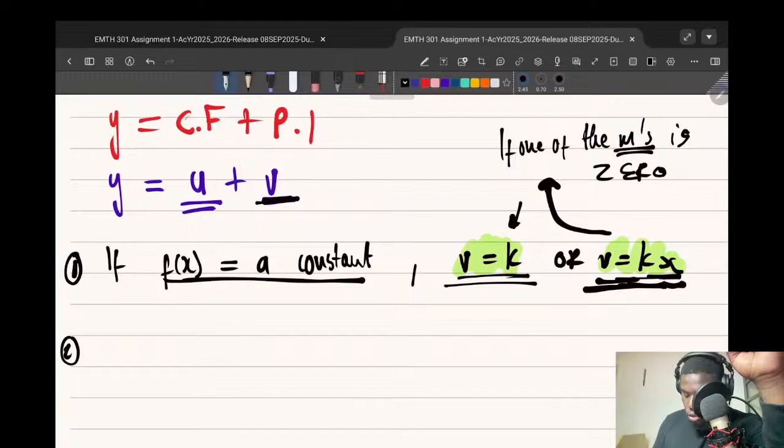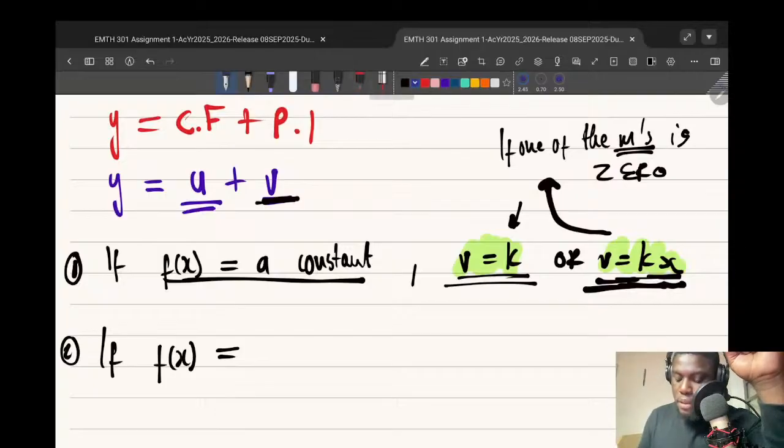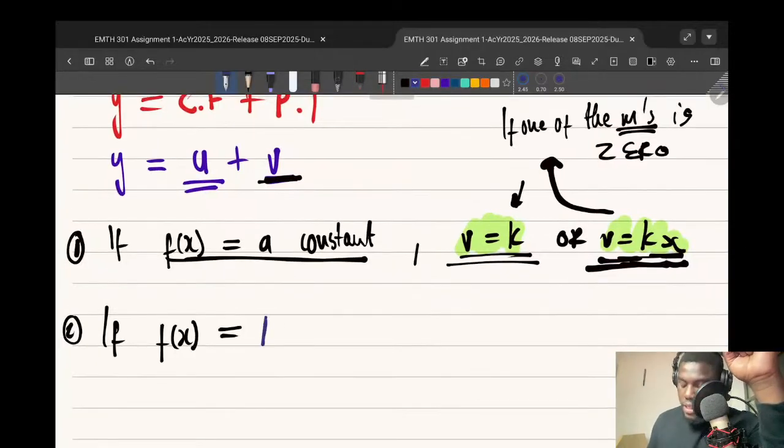Then case number 2, if f of x is equal to, let's start by putting an exponential, so it is equal to something exponential, a e to the alpha x. Then your v is just going to be equal to, all you're going to do is change this number.